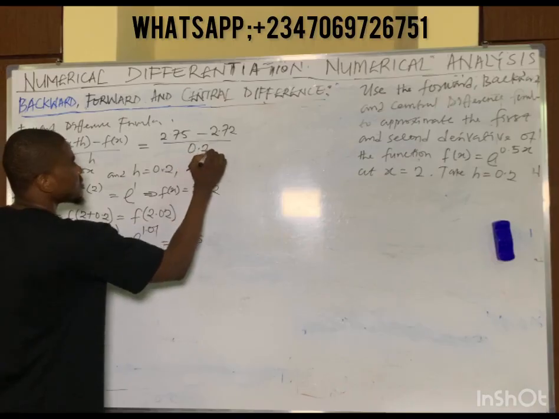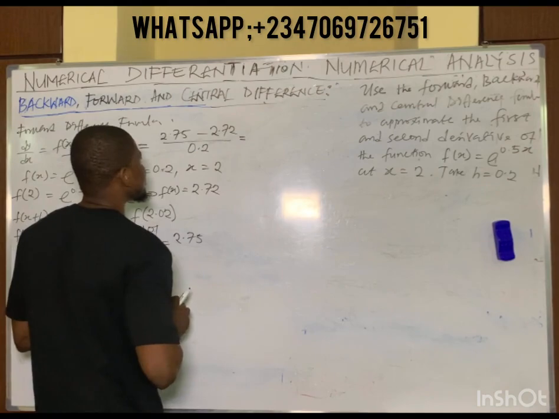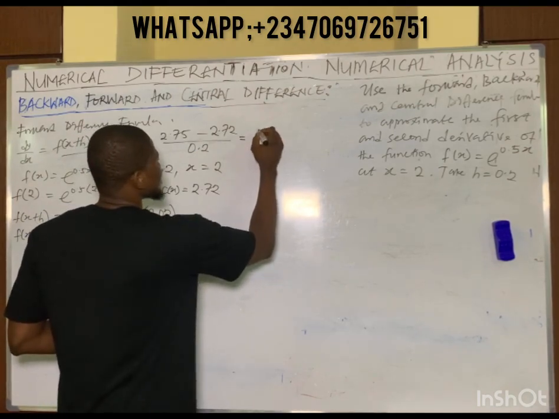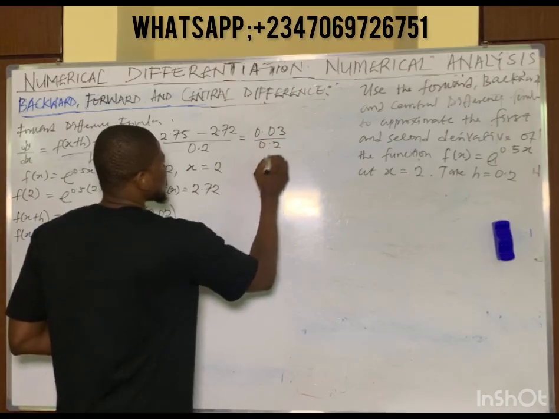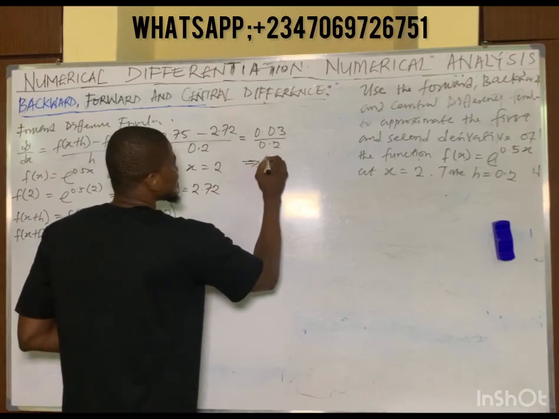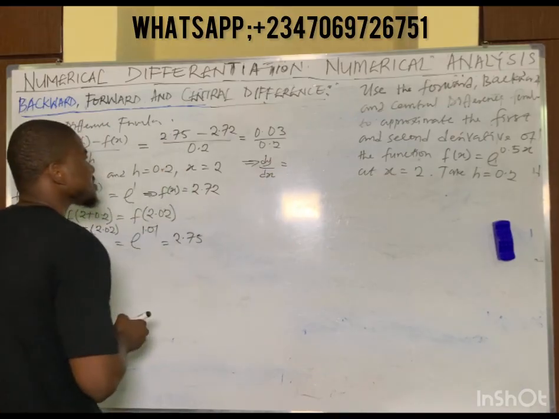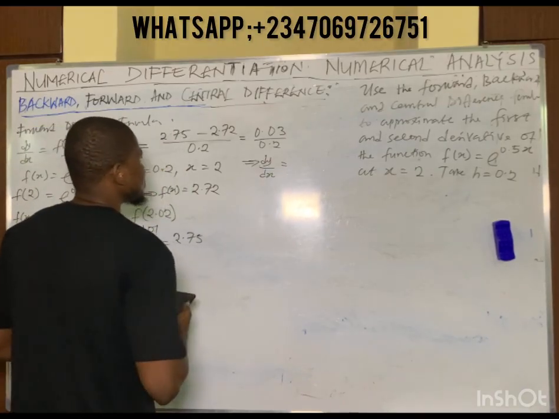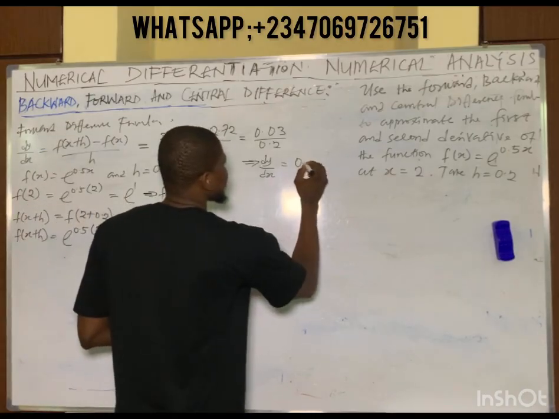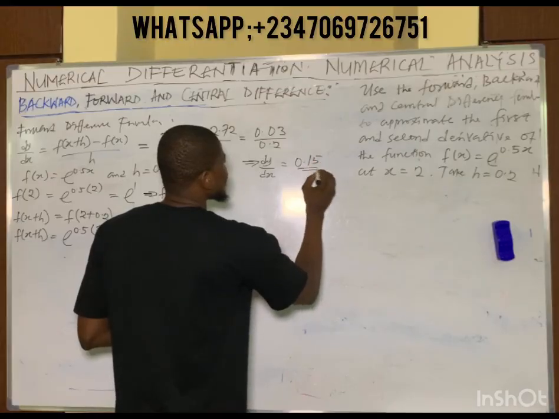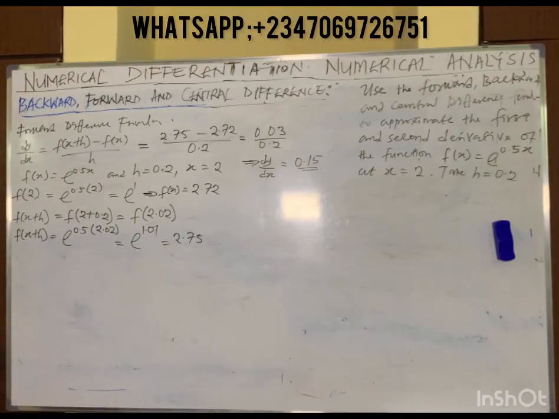So this is 2.75 minus 2.72, that is approximately 0.03, divided by 0.2. So our first derivative dy over dx is equal to 0.15. So the first derivative approximation is simply 0.15 using the forward difference method.